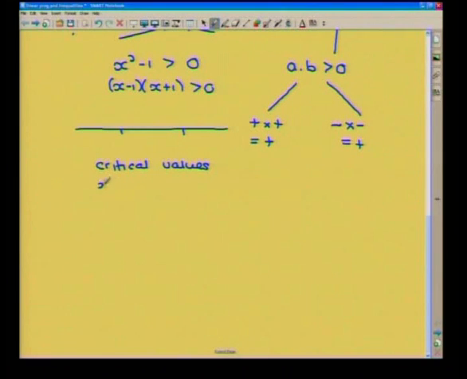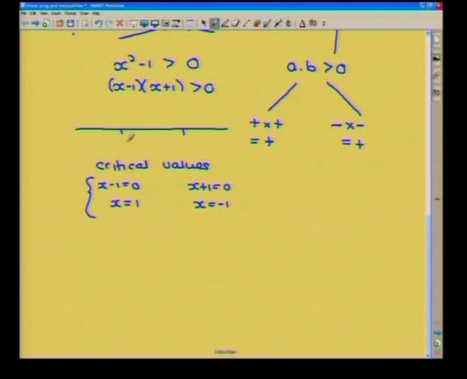So the factor of this is x minus 1, so x minus 1 equals 0, and the other factor is x plus 1 equals 0. So my critical values will be 1 and minus 1. Now, of course, this working we never normally show. We just do that in our heads and we put it on the number line straight away. But there's no rule that says you couldn't do this as rough work somewhere if you prefer. Right, so now we go to the number line.